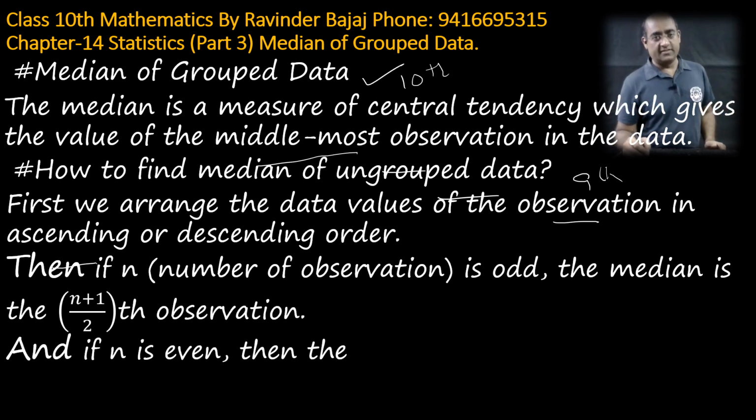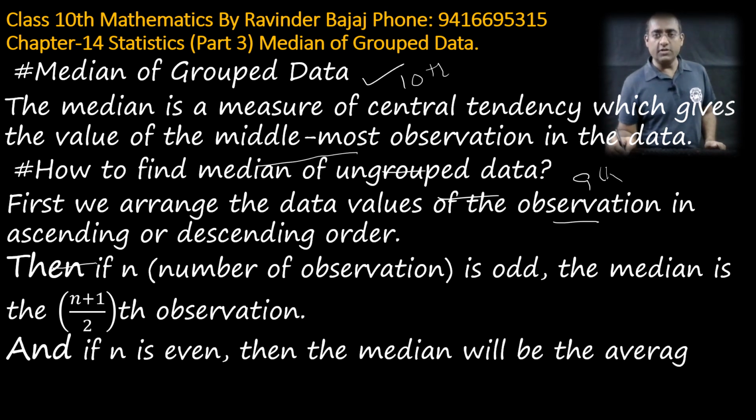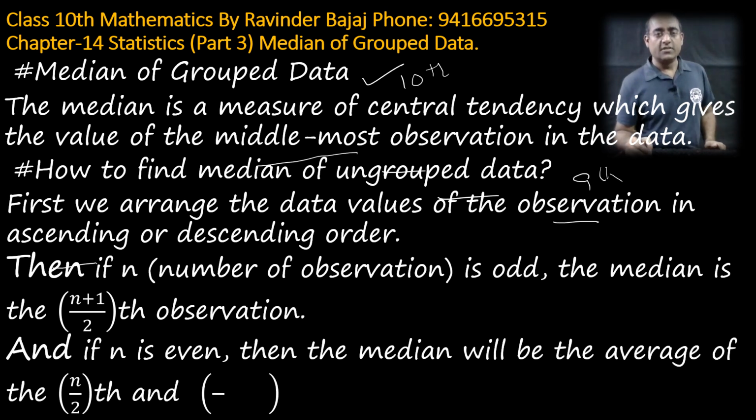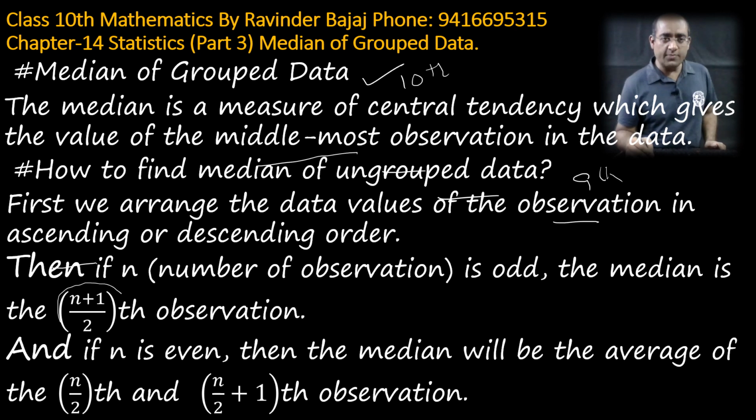Then if n, the number of observations, is odd, the median will be the (n plus 1) by 2th value. And if n is even, then the median will be the average of the n by 2th value and its next value.